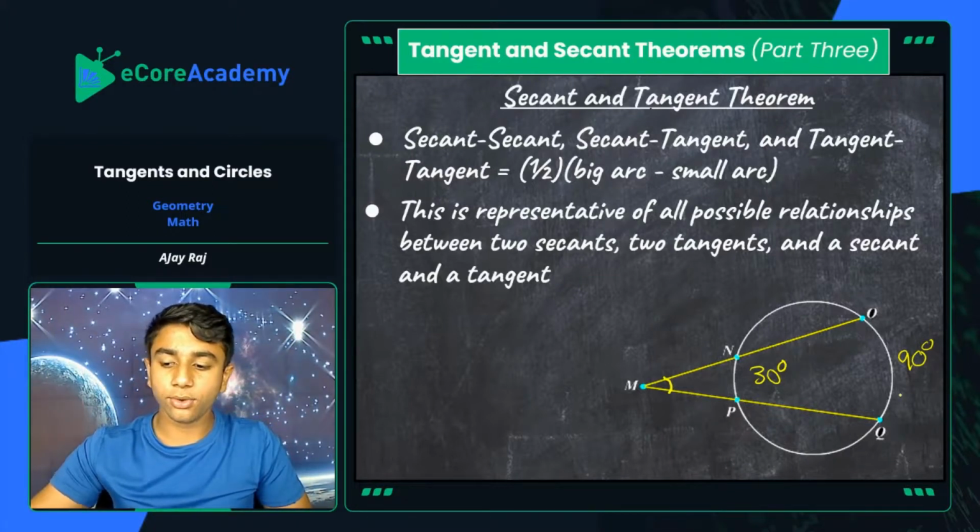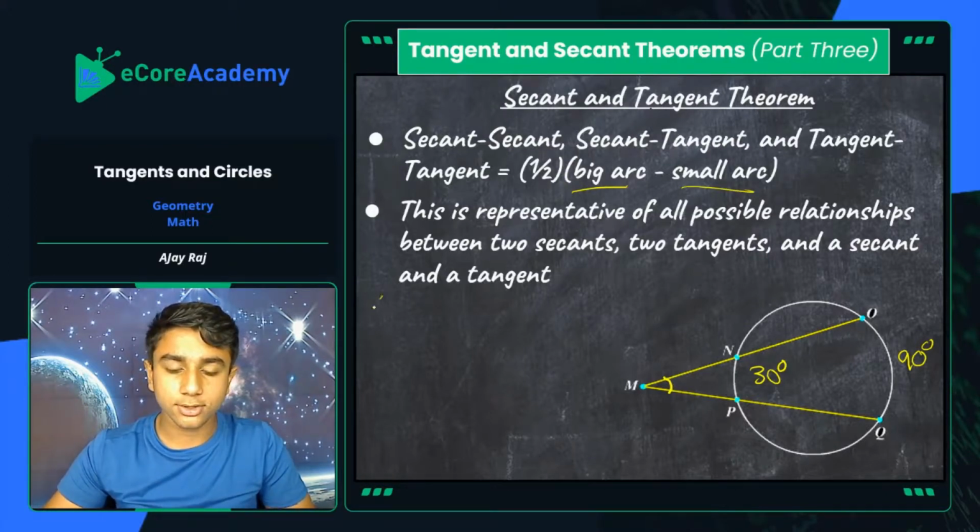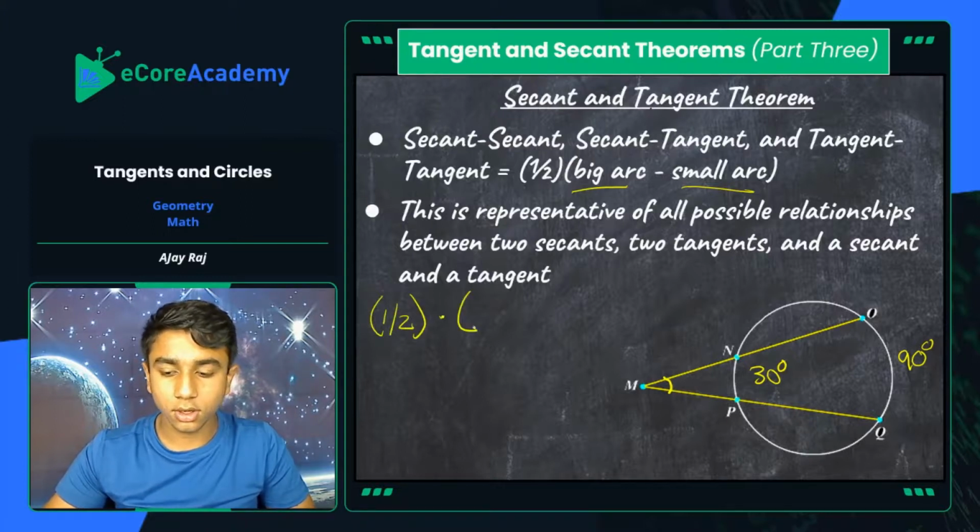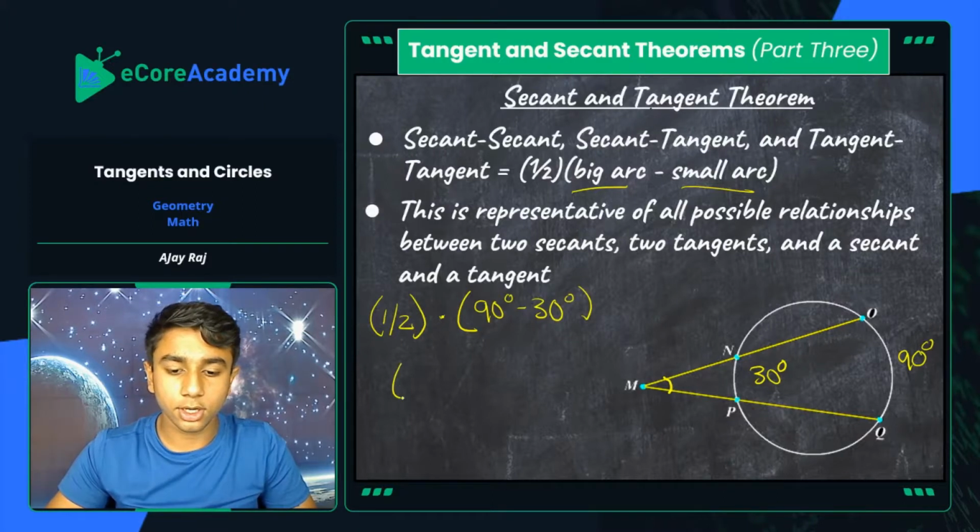So we know that OQ is going to be our big arc, and NP is going to be our small arc, relatively, in this equation. So we're going to plug those values in. We have 1/2 times our big arc, which is 90, minus our small arc, which is 30 degrees. And that's the same as saying 1/2 times 60. Oh, sorry.